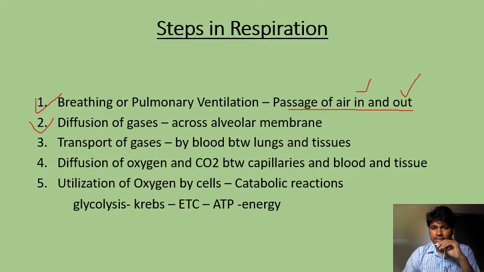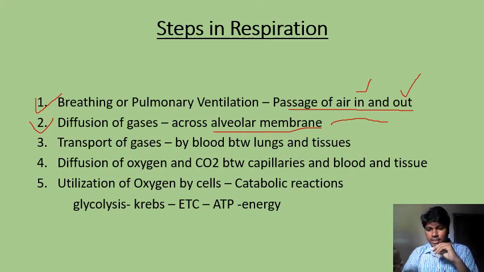We learnt about this when we were learning about alveolar sac, where the oxygen and carbon dioxide got exchanged through the alveolar membrane. The alveolar sac consists of oxygen when it is inhaling, and that diffuses inside the blood, and carbon dioxide from the blood diffuses outside, so that the exchange of gases takes place.